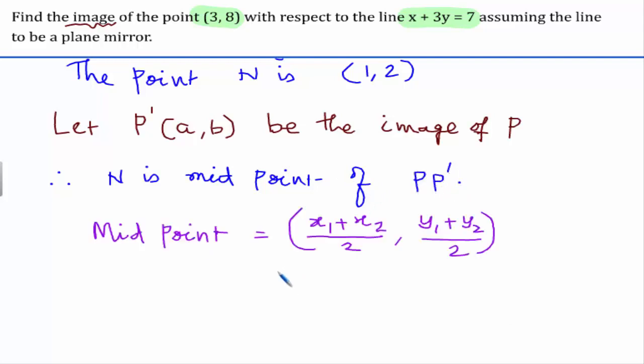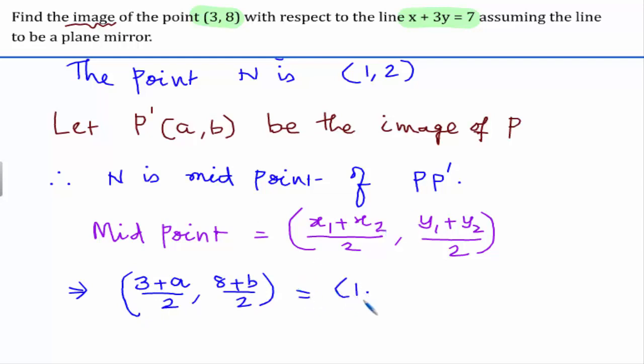Now we know the midpoint formula, which is x1 plus x2 by 2 comma y1 plus y2 by 2. Let us substitute this. We get 3 plus a by 2 comma 8 plus b by 2. So the midpoint of this PP dash, which will be N, that is 1 comma 2.